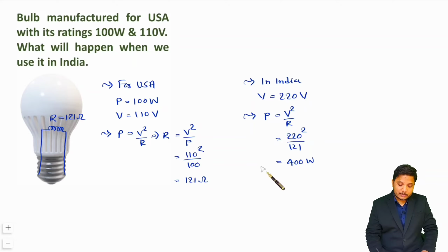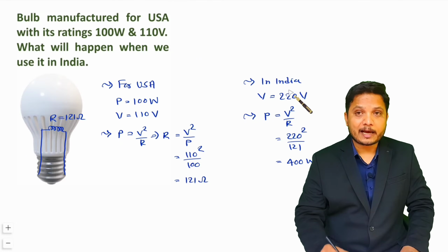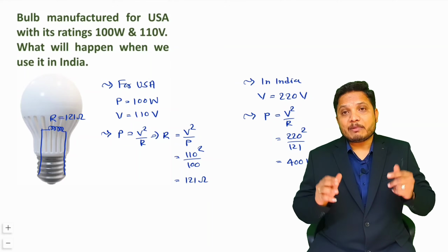So my dear students, what will happen if the bulb has higher current capacity? In that case, it will glow with higher intensity. But if it doesn't carry that high current, there is a possibility that this bulb will get fused here in India. So that is how there may be an issue.